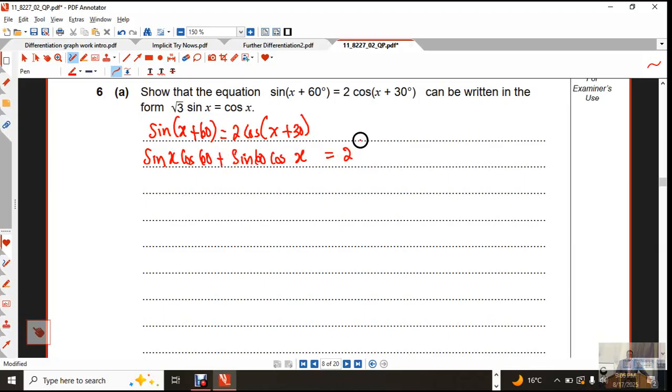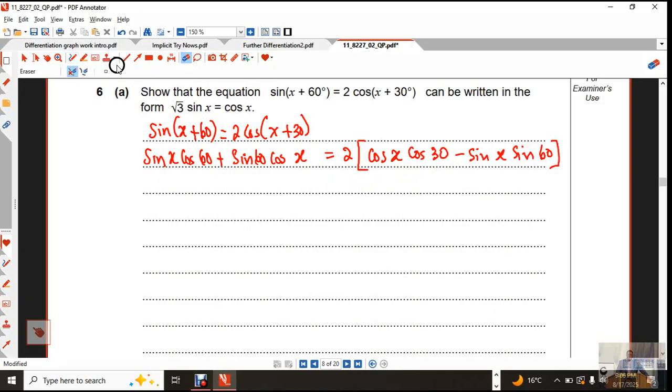That equals 2 times, I'm just going to distribute that 2 later, cos of x cos of 30 degrees minus, it's very important you understand that you're going to have a minus over here, minus sine of x as well as sine of 60 degrees. We can perhaps distribute that. In fact, I can just as well leave it out and distribute it later. It's totally up to you.